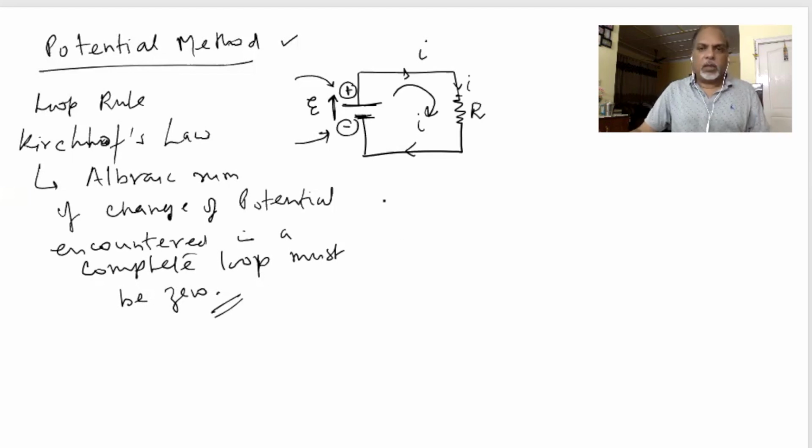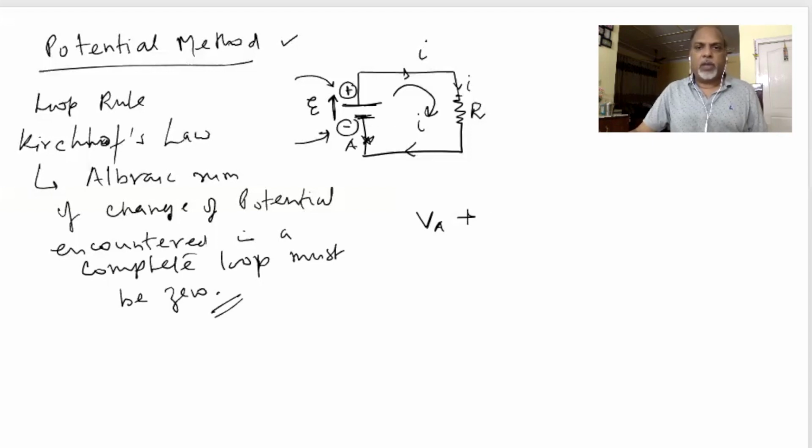Now let us suppose we take a point A here. Now we will write our loop equation, that is, we start from VA and go clockwise. So VA plus, now what is coming after this point?